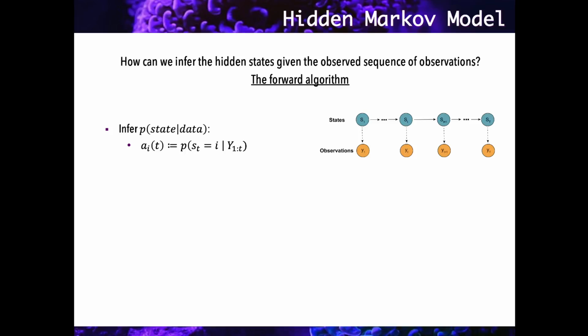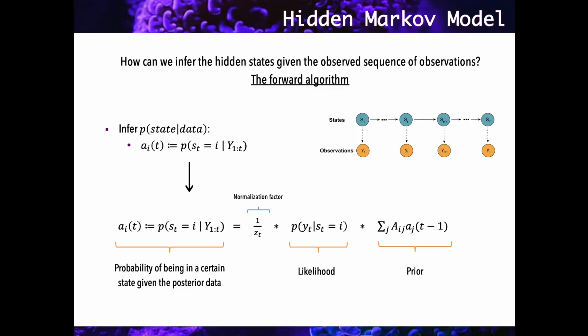To answer the first question, we make use of an algorithm called the forward algorithm. In this algorithm, what we want to do is calculate the probabilities of being in a specific state given our data, here given by this probability called A. This is actually pretty easy to calculate because this probability, which we usually call the posterior probability, can be obtained by applying the Bayes rule, which tells us that the posterior probabilities are given by the likelihood times the prior.